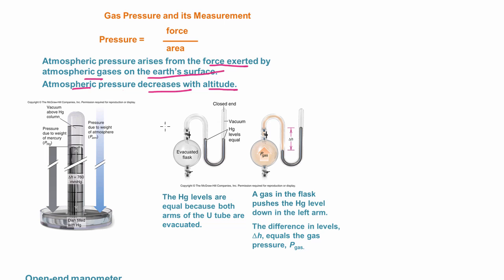So how do we measure pressure? We measure the atmospheric pressure with a barometer. Basically, what we have here is a glass tube that is longer than 760 millimeters, and it is closed at one end.